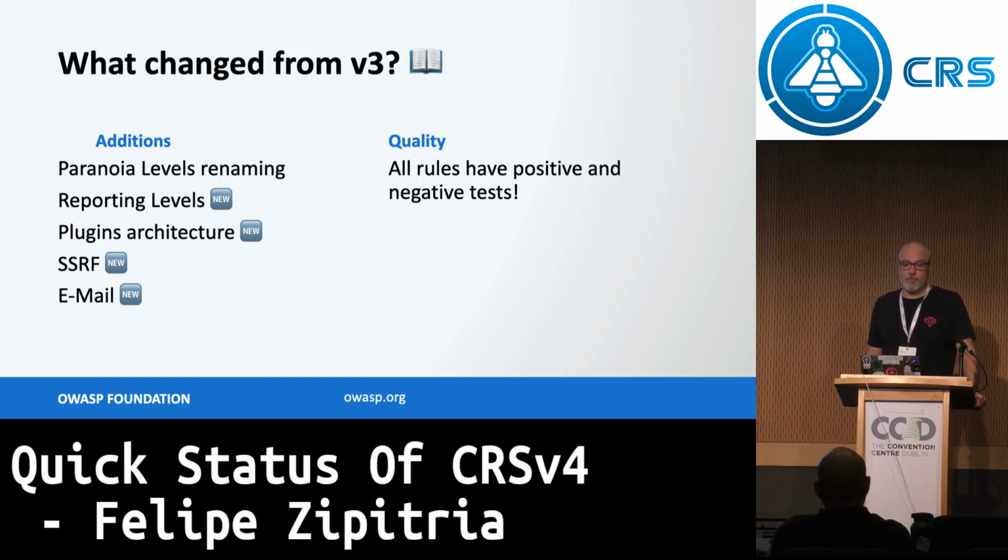For example, we used to have a very small set of tests for the rules, both positive and negative. And now one of the things that we are having, because we stress that a lot in past CRS developer meetups, was basically we need to have tests for all the rules we are shipping. We need to have both positive and negative.